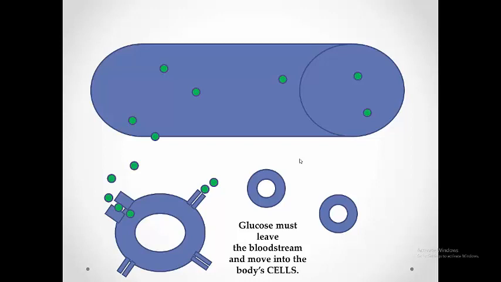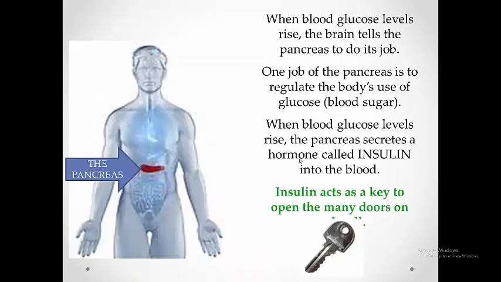If you keep that in mind moving forward, when we study errors in metabolism at a later date and look at specific illnesses such as diabetes, you'll be able to intellectualize what's happening with this sort of visual. You can see that the glucose is leaving the blood and entering into the cell via the doorway, and that's because there was an available key and the key worked in the lock and the door was able to open. So what is the key that I'm speaking of? That would be insulin.